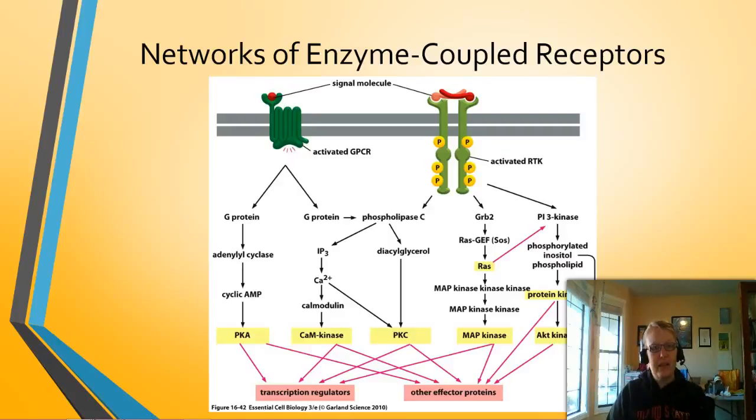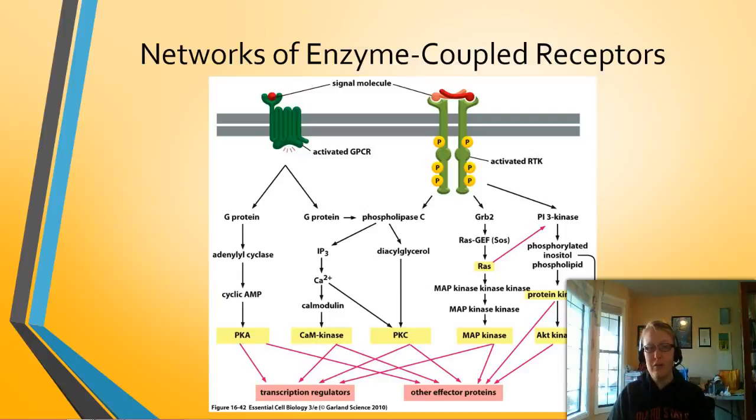And lastly, as we wrap up this chapter on communication, I just want to stress to you just how interconnected everything is. This is why pharmacology and other intervention mechanisms are so delicate, because they do have all these redundancies and backups. If you knock one thing down, you may knock down something else in the same process.